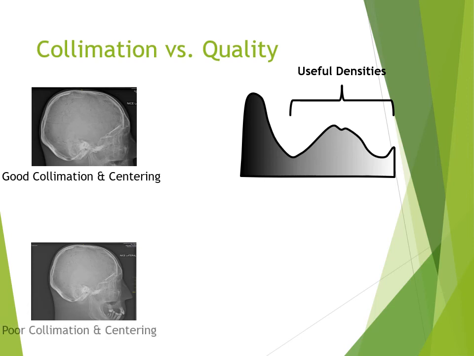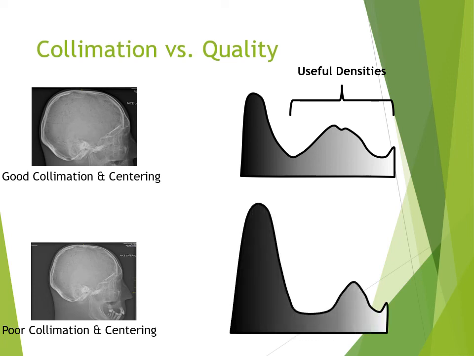Here is the same skull demonstrating poor collimation, and to the right its histogram. Note that the span of useful densities is smaller, and more of the histogram is devoted to black pixels, which image would be more accurately reconstructed when the computer analyzes the image? Hopefully your answer is the first.